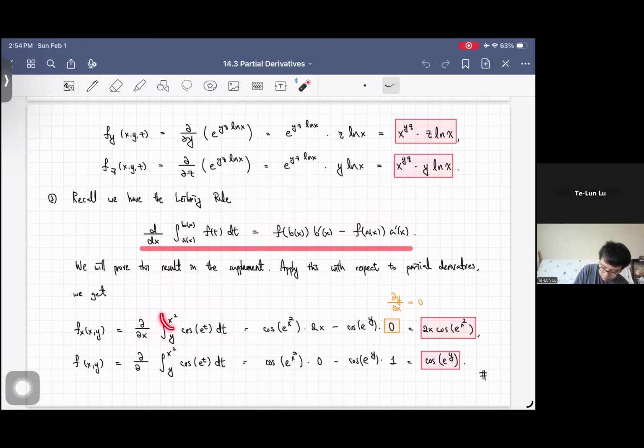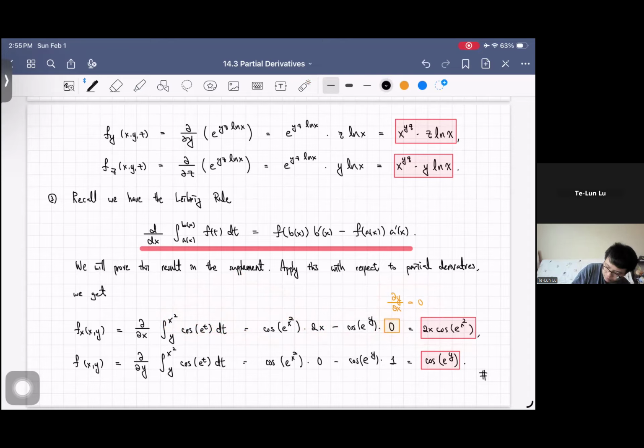However, in this case, b of x is just x squared, where a of x is y. And that is actually a constant in regard of x, right? So we plug in the upper bound, we multiply the differentiation of x squared with respect to x, and then we plug in the lower bound, where we multiply the differentiation of y with respect to x, and that is 0. So we get this.